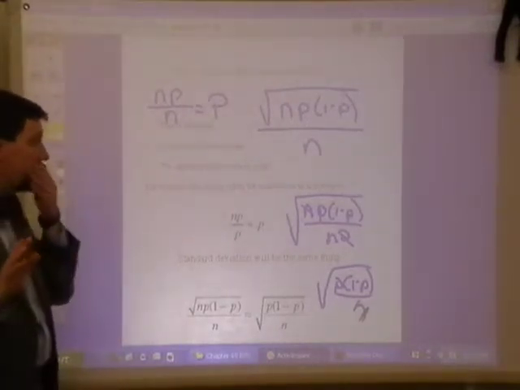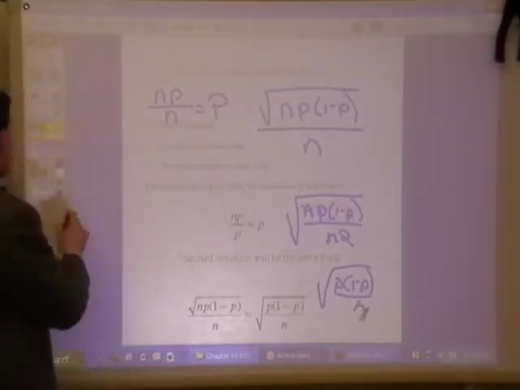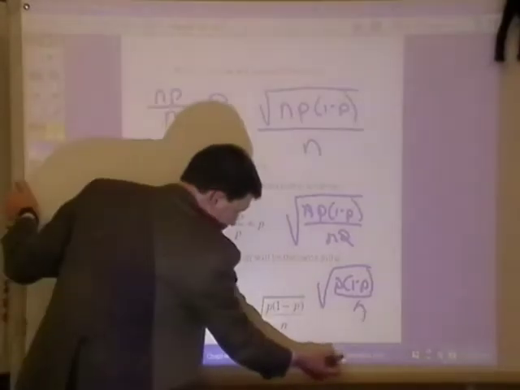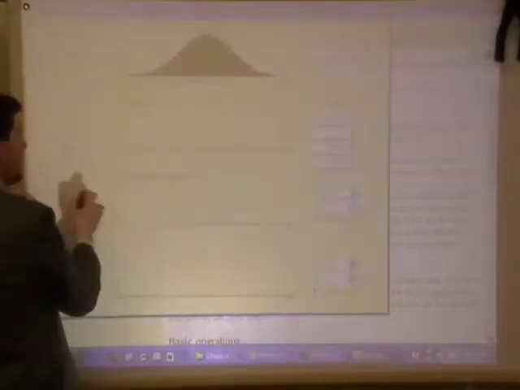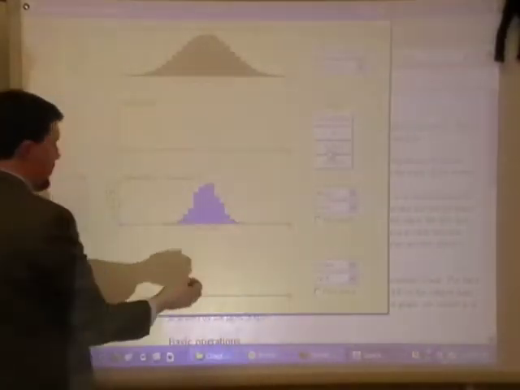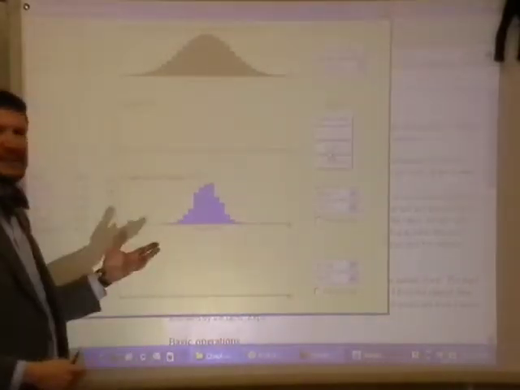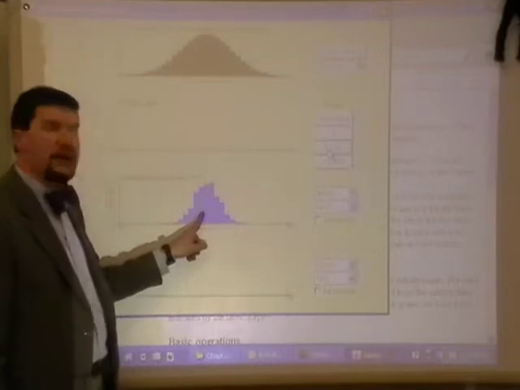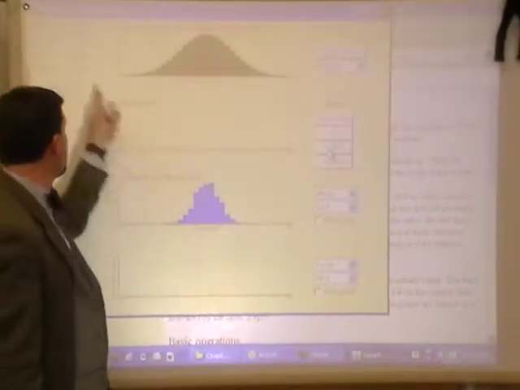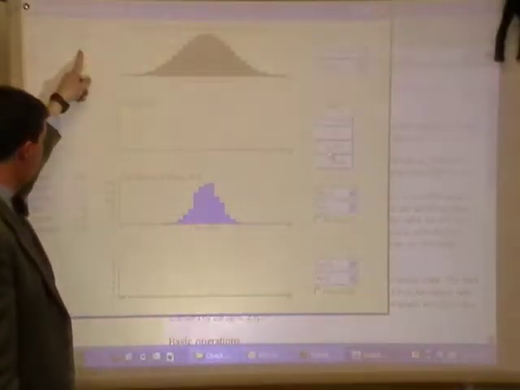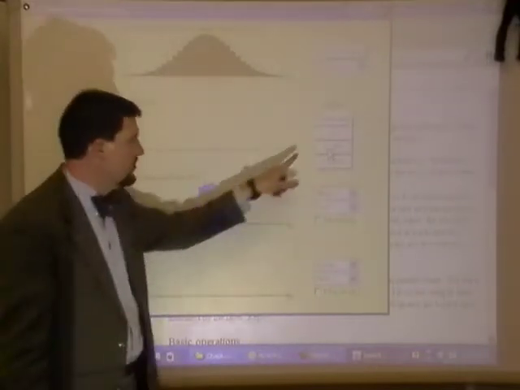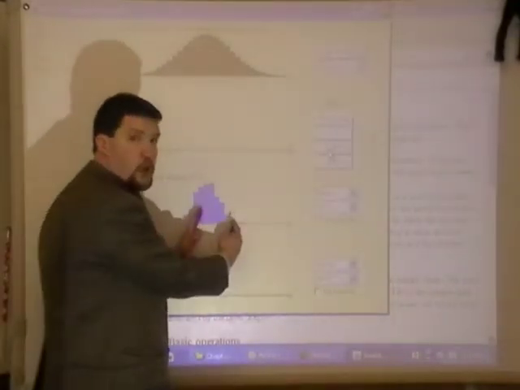Now, what's interesting is this. When we looked at this thing here, and we did this, we said, oh, this is narrower. How much narrower is it? It's actually narrower by the square root of n. If I take the standard deviation here and I divide it by the square root of the sample size, that's how much smaller that is.